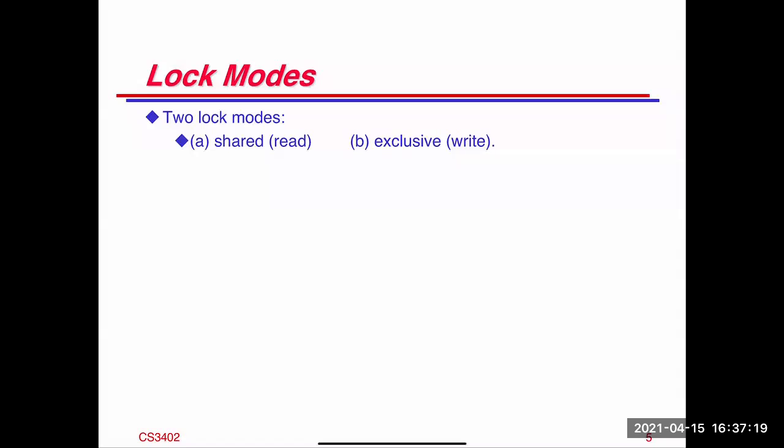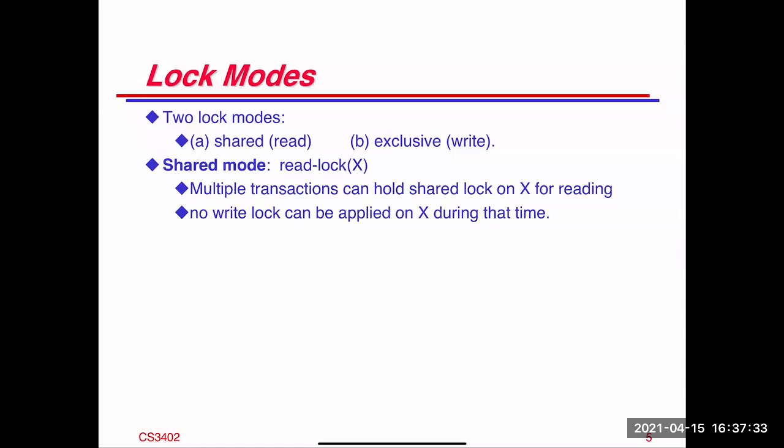Now, there are several modes in which you can lock a data item. We are going to consider the shared locks, which are the read locks, and the exclusive locks, which are the write locks. Multiple transactions can hold a shared lock on X for reading. If you have two transactions, T1 and T2, then both of them can execute read lock of X, and neither of them will be blocked.